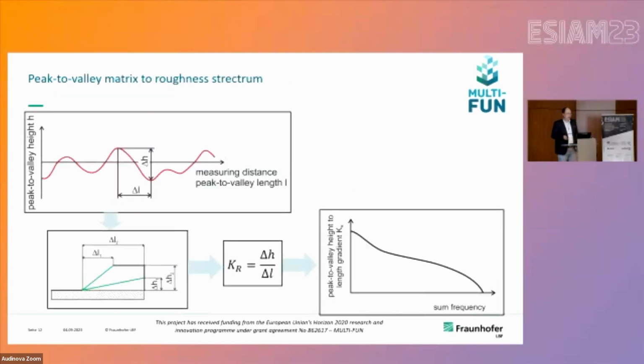Here, can you see it? We have our profile. We have the delta L and the delta I, and both form a ratio. This ratio you can count along your measurement distance. Just calculate this ratio and count them, and you get something like this, the peak to valley and the sum frequency.